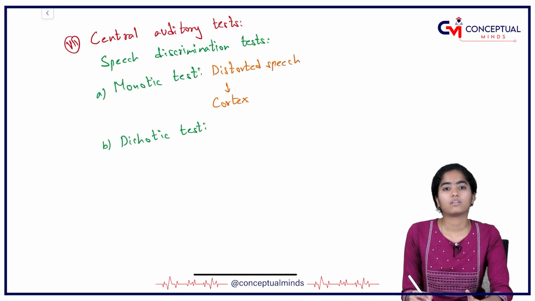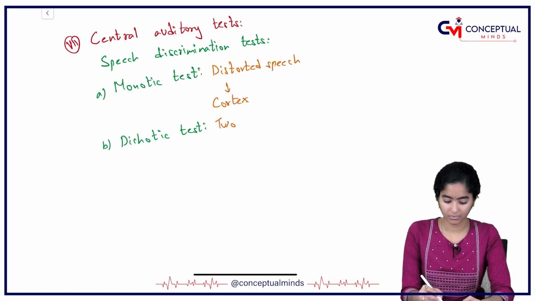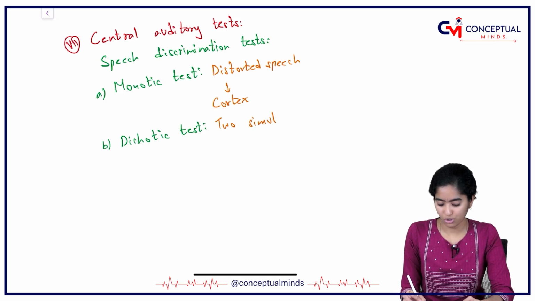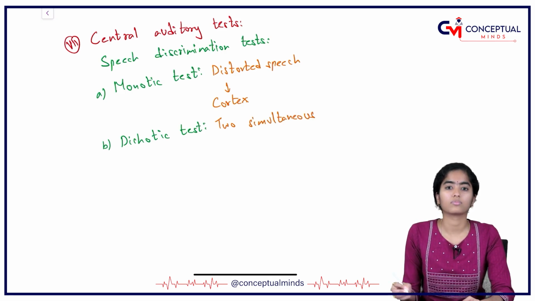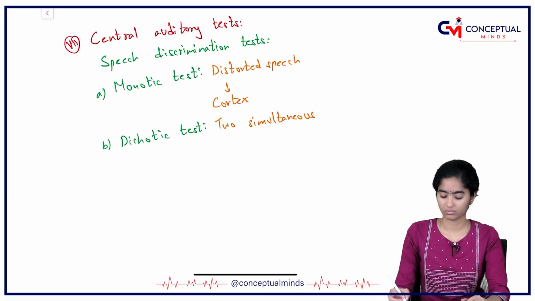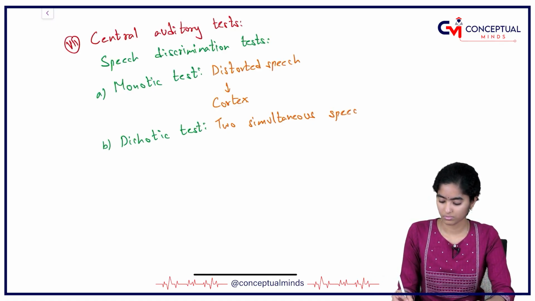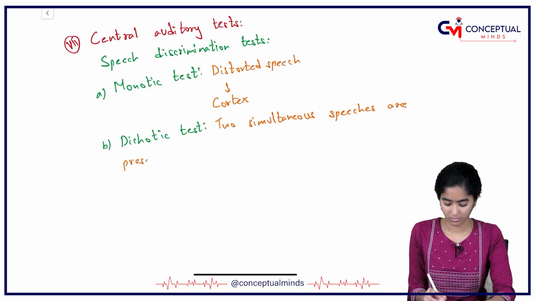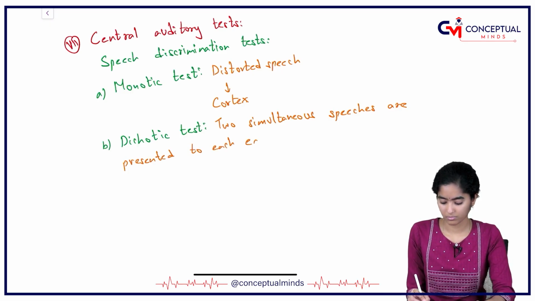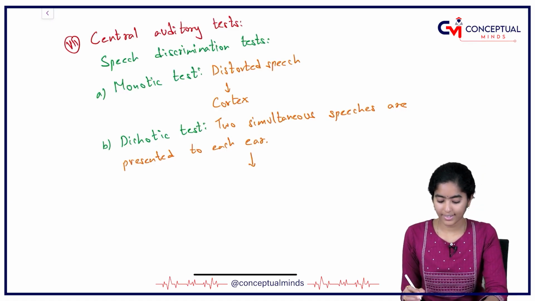Basically, what is done in the dichotic test? Two simultaneous speeches are given to each ear. Now, what does it indicate if the patient fails to interpret this?